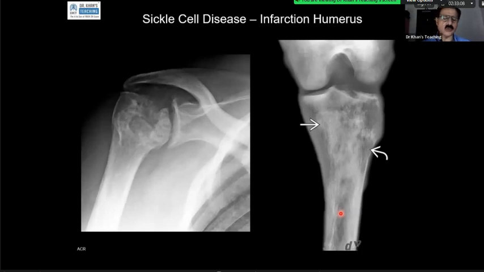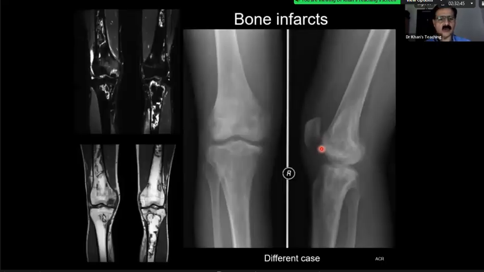Pathologically speaking, there is no difference, but the convention is when the epiphysis is involved, the bone end is involved, we use the word avascular necrosis. And when the metaphysis or diaphysis is involved, we use the word infarction. It is one and the same thing. So in infarction, the metaphysis and diaphysis will be involved.